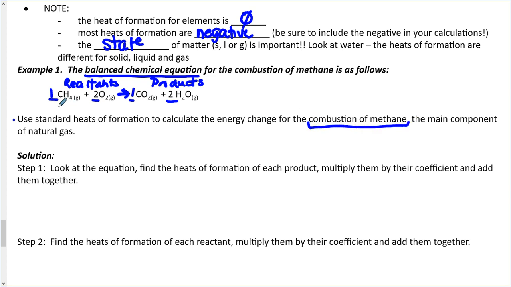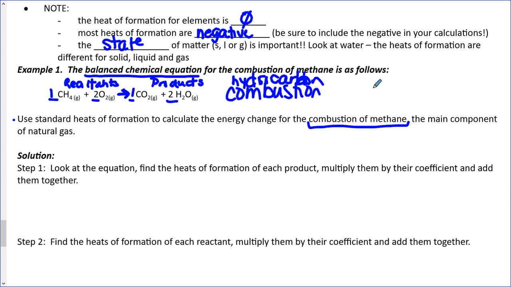So CH4, that's methane, requires the presence of oxygen like we talked about and has the products carbon dioxide and water. So this is a combustion reaction, a hydrocarbon combustion specifically. Methane is the big thing in natural gas, what's being burned to heat your homes.